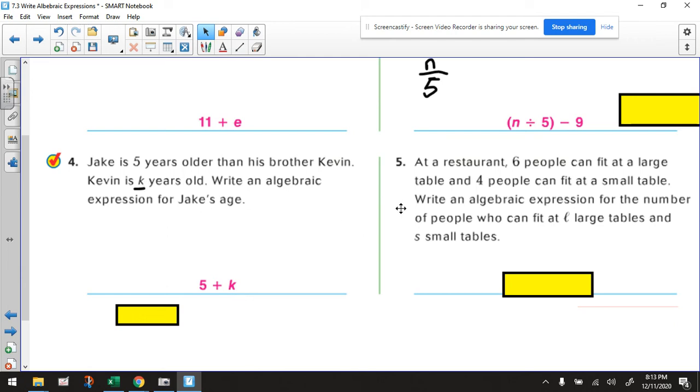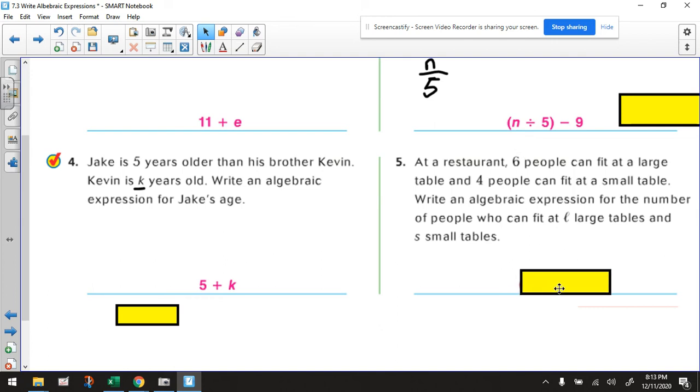All right, number 5 says, at a restaurant, 6 people can fit at a large table and 4 people can fit at a small table. Write an algebraic expression for the number of people who can fit at L large tables and S small tables. So we're going to work in these numbers, right? Because we don't know how many tables, we just know how many people can fit at a table.